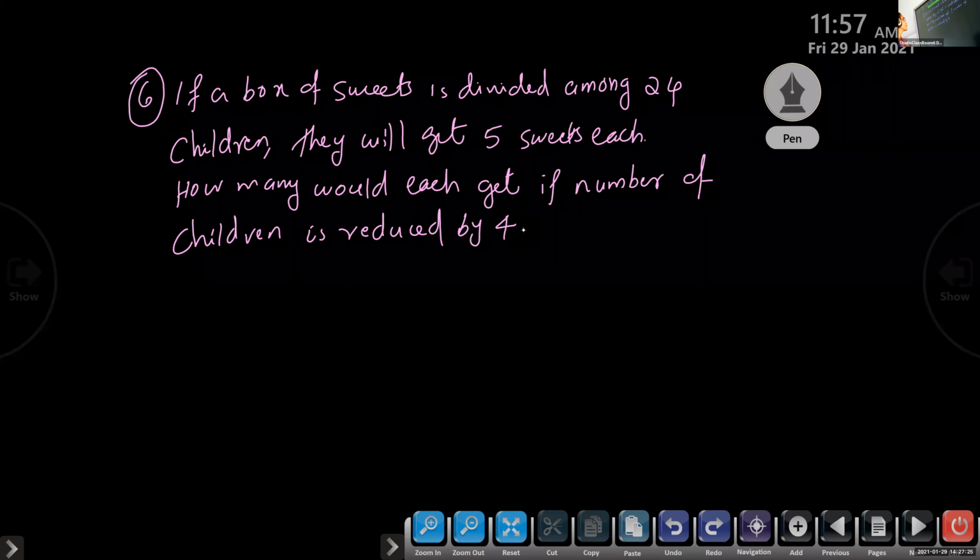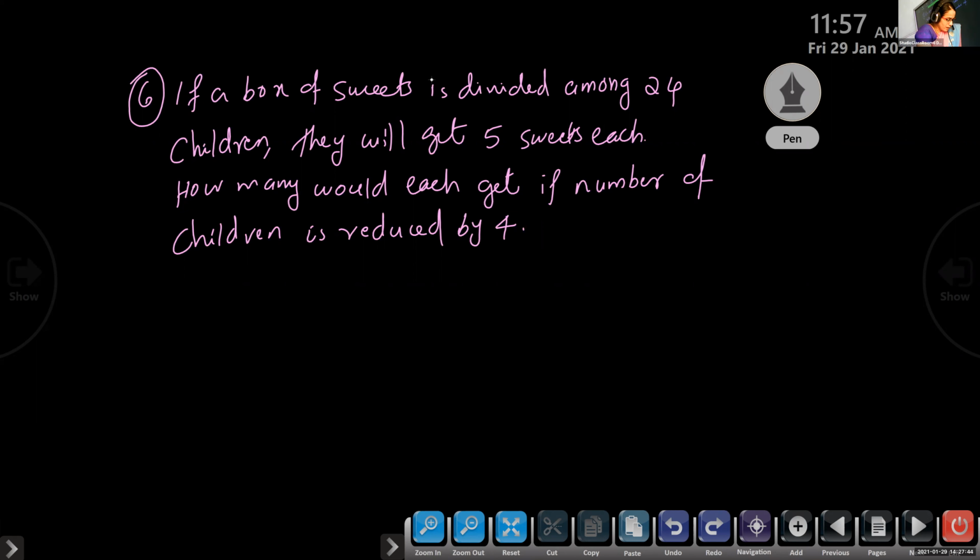If a box of sweets is divided among 24 children, they will get 5. As you know, as the number of children increases, the number of sweets for each will decrease. Each will get less.